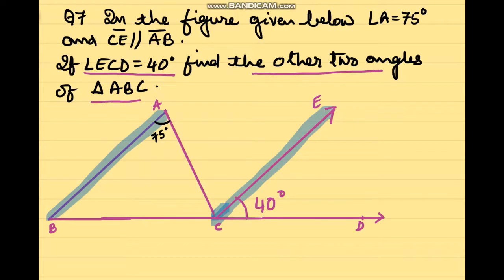Now see, in triangle ABC, you already know angle A is 75 degree. You don't know how much is B, you don't know how much is C. Now you have to find out these two angles. How will you find out?